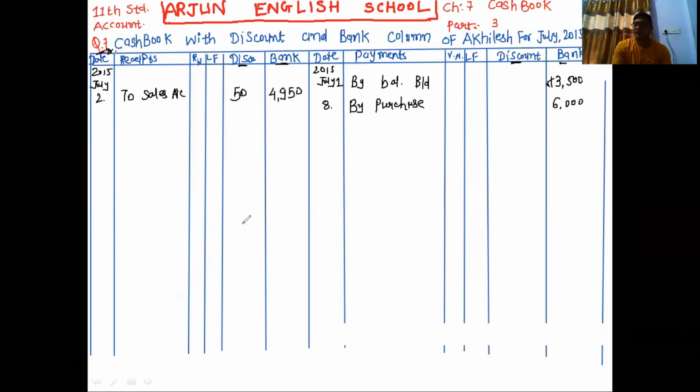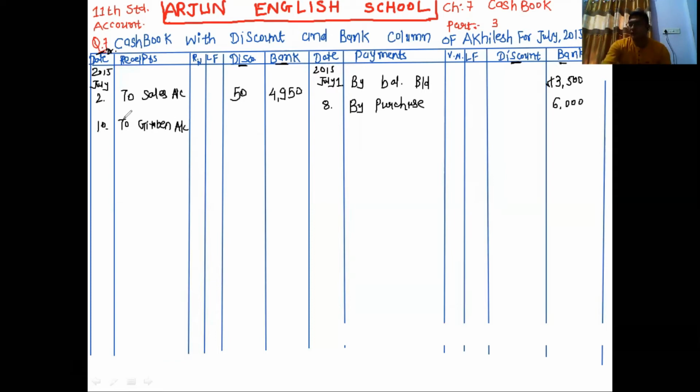So on date 10th, check of 5,000 received from Gita Ben in full settlement of account 5060. Here amount received from Gita Ben, bank balance increases. So on the debit side we have to write down the name of the person, to Gita Ben account, and the date is 10th.